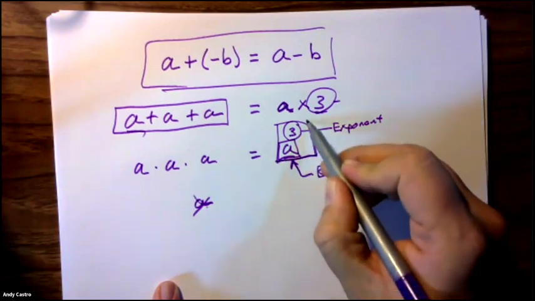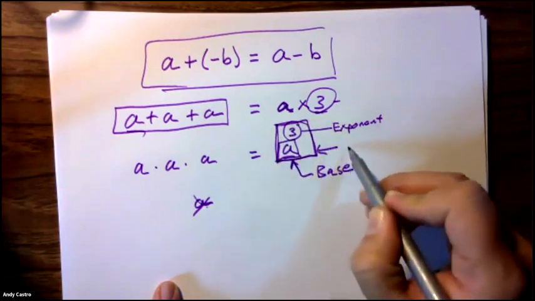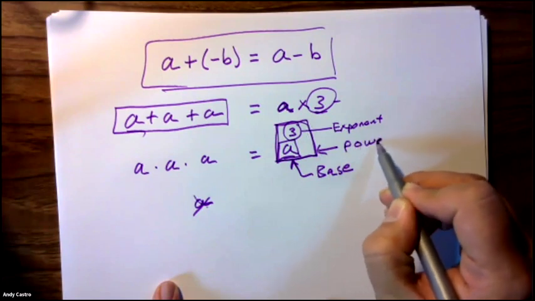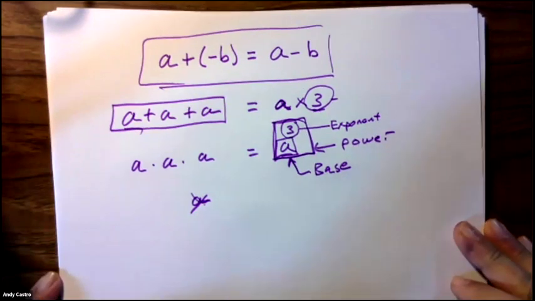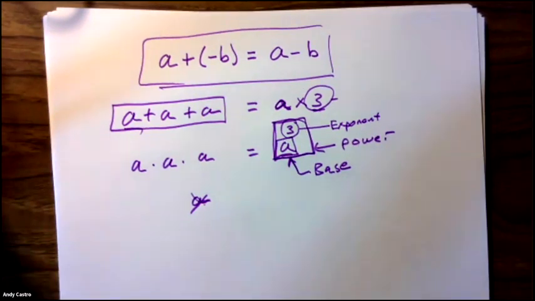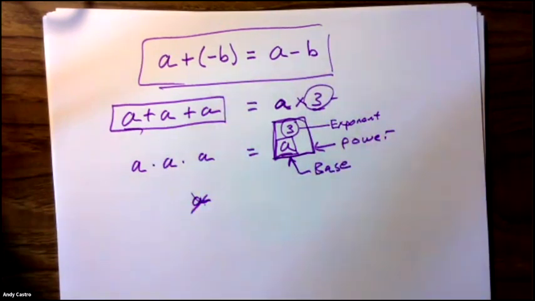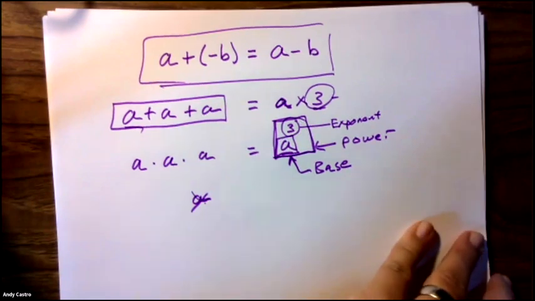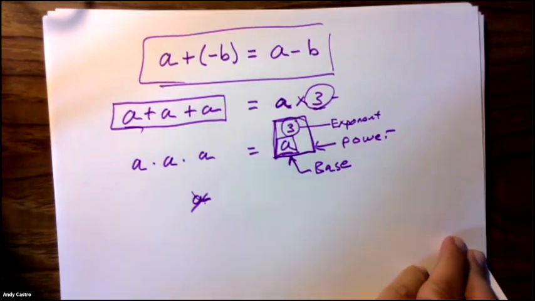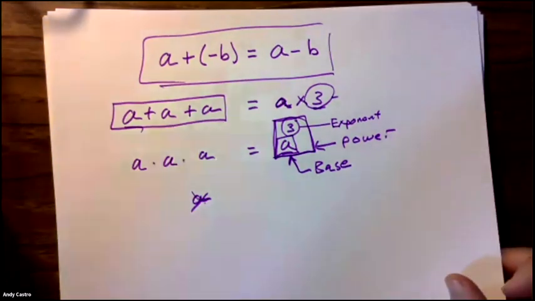And then the whole thing, A to the third power, that's called your power. Now, I know right now you're thinking, I don't really need to know any of this. I just need to get the homework done and pass the quiz. But understanding the language, I'm going to go over it pretty regularly because that will help you whenever we get into more complicated math.